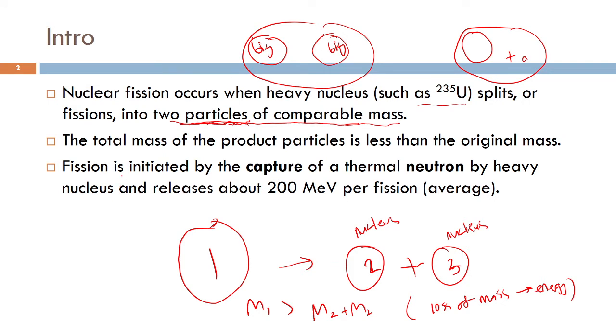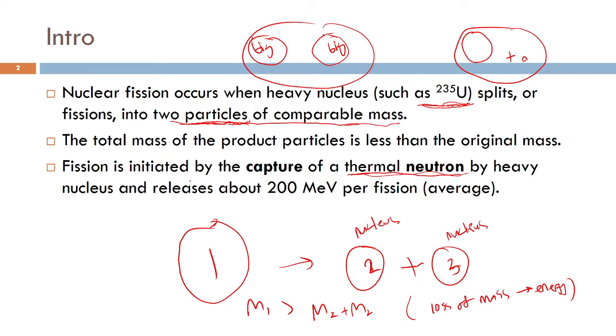So fission is initiated by the capture of a neutron. For uranium-235, we will use the term thermal neutron. Later on you will see what a thermal neutron is.